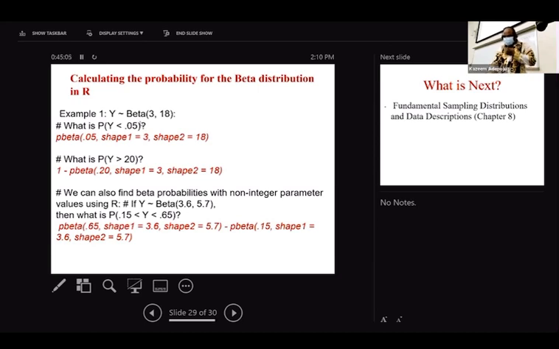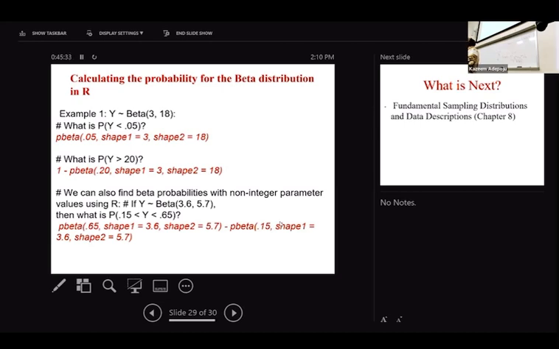If Y has a beta distribution with 3 and 18, where 3 is the P and 18 is Q, find the probability of Y less than 0.5. This is how to compute that in R. Very easy. For greater than, 1 minus. For between, it is also very easy to do in R. But if you want to do that manually, there's no problem.